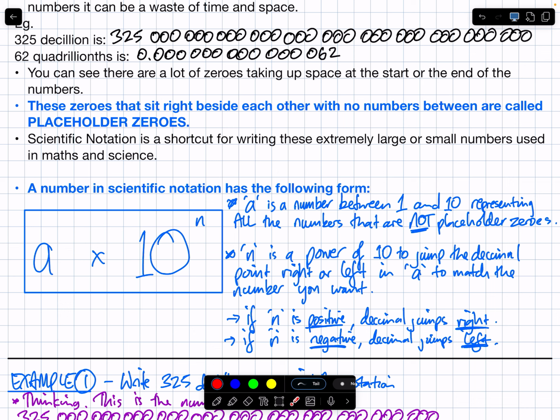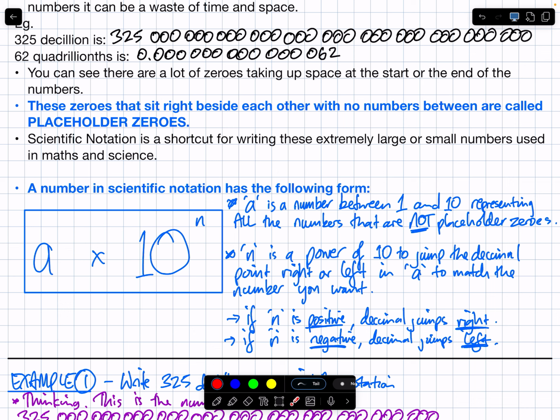It's a number between 1 and 10, and it represents the numbers that are not placeholder zeros. So that A is almost like any of the numbers that aren't zeros.